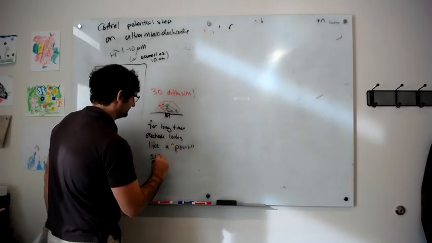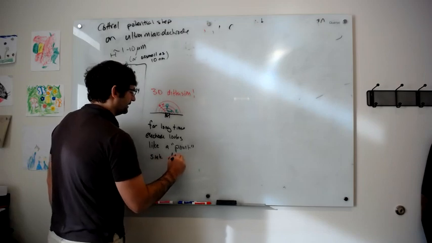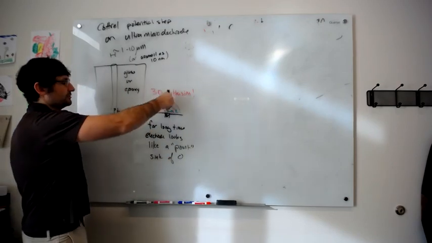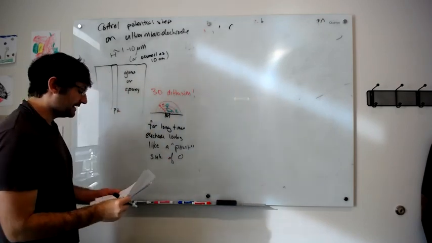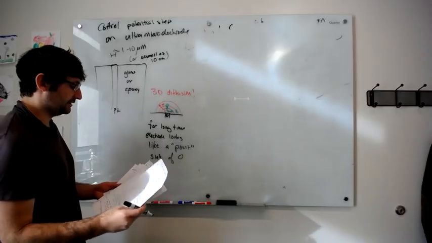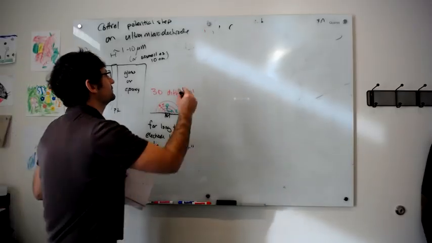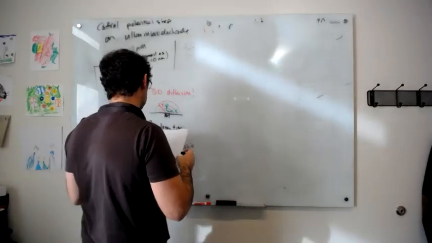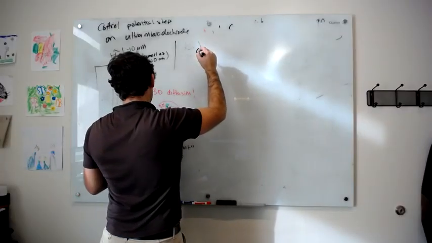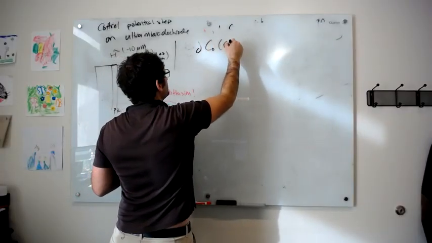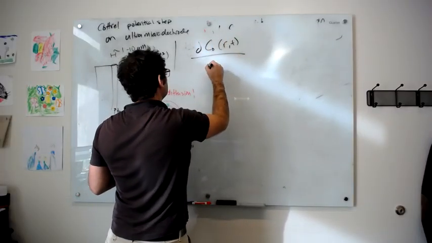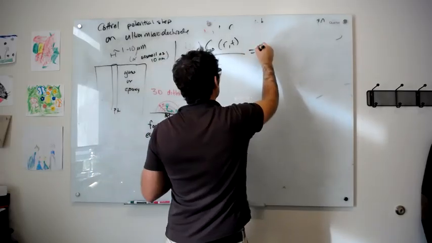So for a long time, the electrode looks like a point sink of O. So O is basically diffusing to a point, and that's going to simplify the diffusion equation a lot. And so to solve this, again, we won't go through the math. We have to write Fick's second law in spherical coordinates, which we can do.